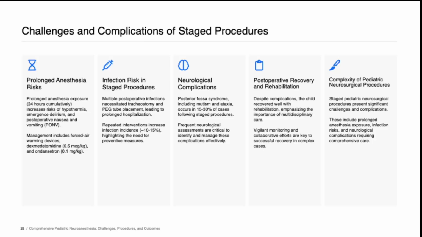The infection risk is an issue, and that unfortunately came into effect in the story that I told you, because the patient is in the hospital for a long time and they pick up nosocomial infections. Posterior fossa syndrome and all of those neurological complications, the risk is there every single time.